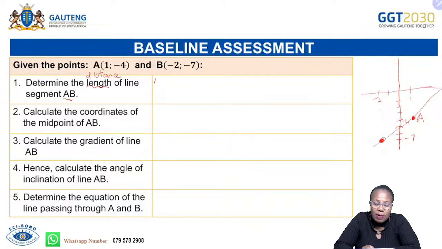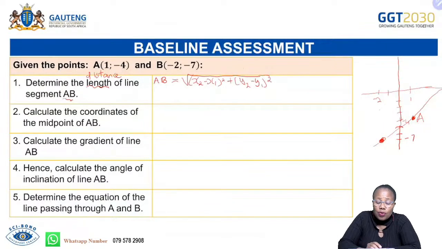So line AB equals the square root of (x2 minus x1) squared plus (y2 minus y1) squared. Please ensure that your equation is correct before you do your substitution. We will name this one x1, y1, and this one will be our x2 and y2. Let's substitute now.